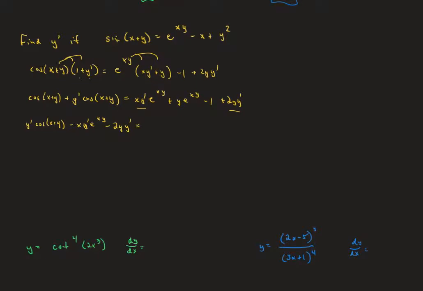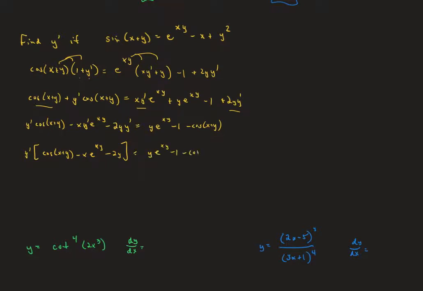So we still have this y, I gotta make sure that doesn't look like a negative sign, a y e to the xy minus 1, and we're going to move this cosine of x plus y to the non-y prime side. We'll factor out that y prime, leaving a cosine of x plus y minus x e to the xy minus 2y, and this stuff is just waiting.